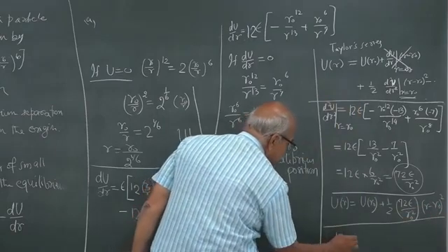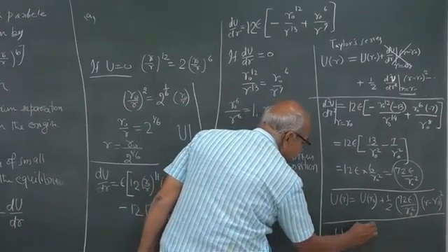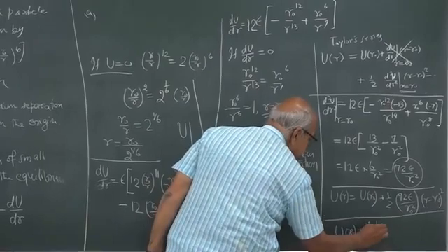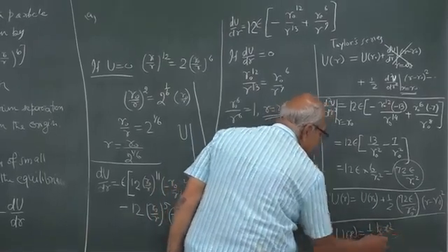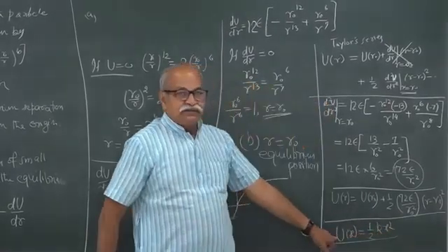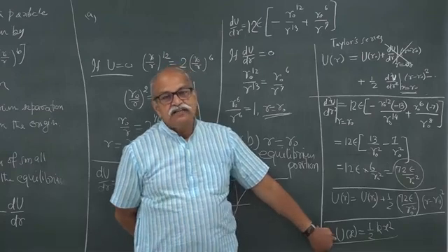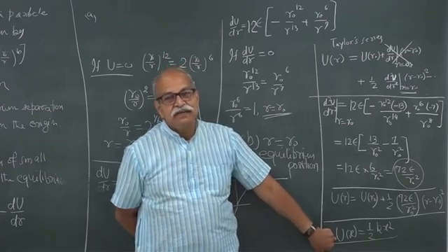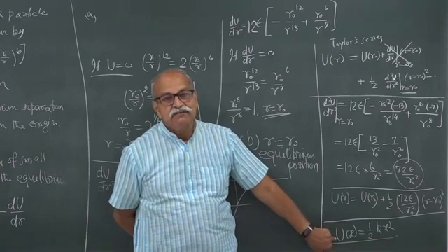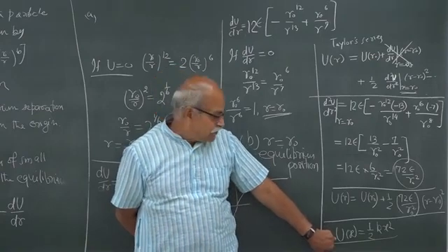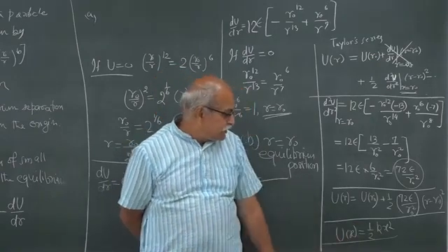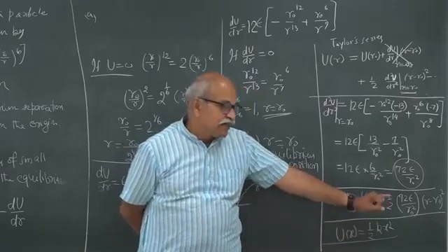Compare with u of x equal to half k x square. This is our SHM equation. Potential energy of a particle undergoing simple harmonic motion, F equal to minus k x. So, that k is here, the potential energy is given by half k x square.